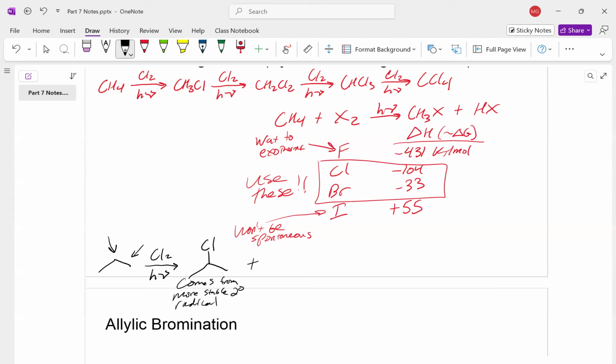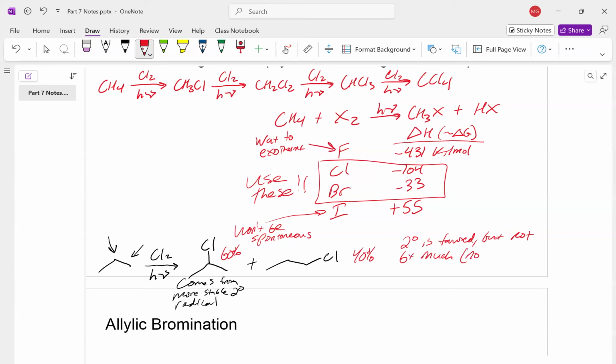Now we do get some of the primary halide. And the ratio is about 60% to 40%. So secondary is favored, but not by much.